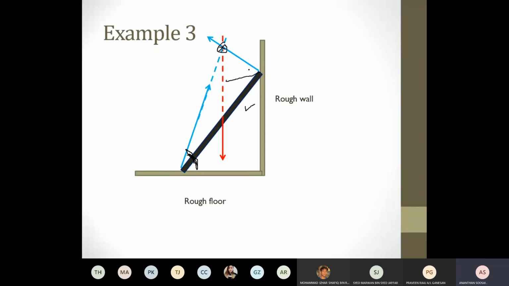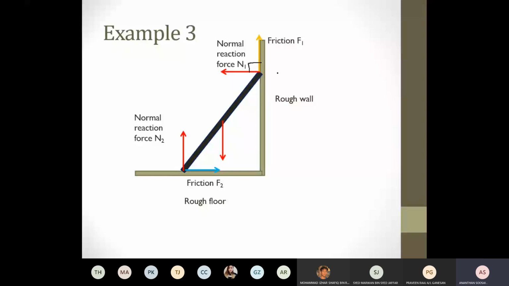These two forces. Okay, hold on. First, to find this resultant. Let's say the friction is 8 Newton, and the normal is 10 Newton. So what will the resultant be?